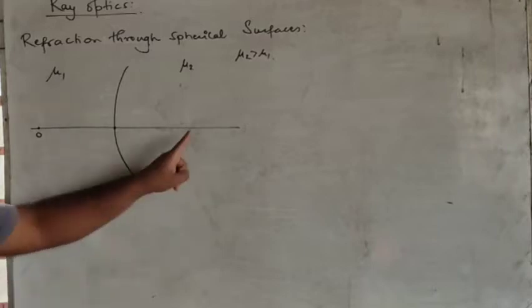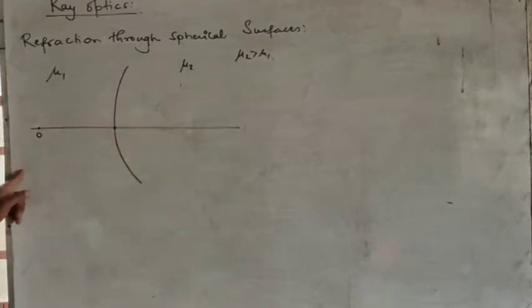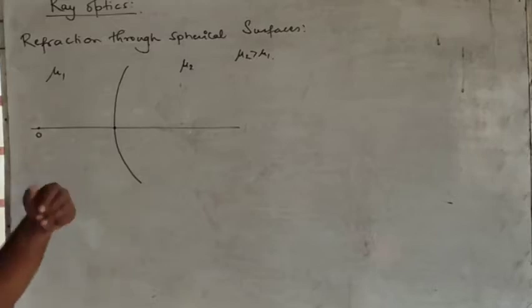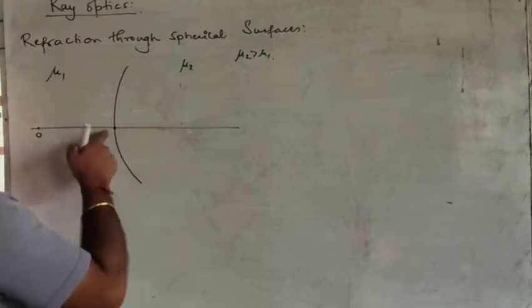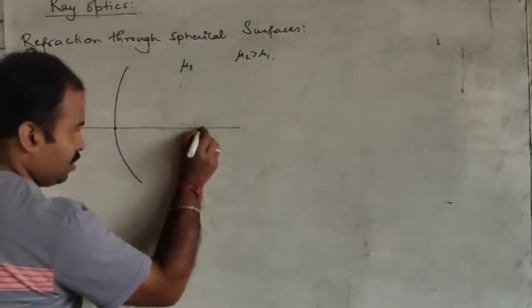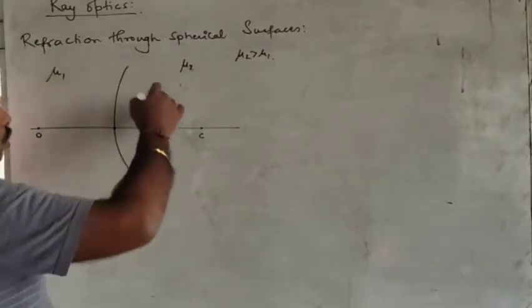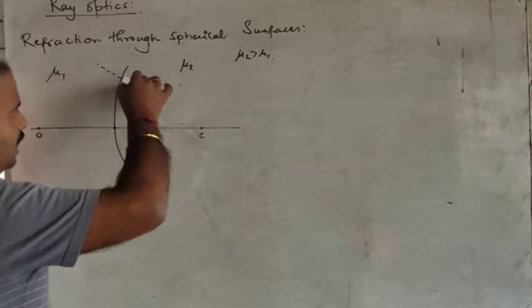If I keep object here, surface appears concave, and if I keep object here, surface appears convex, right? But this surface has its radius of curvature, center of curvature somewhere here, C. So from this I can draw normal.